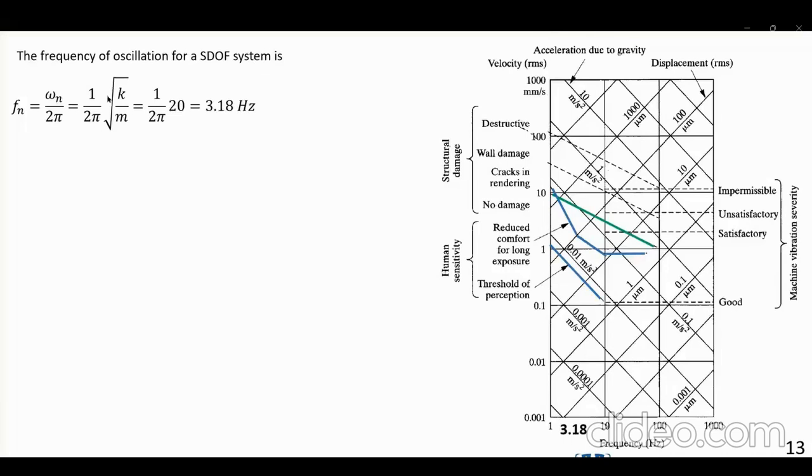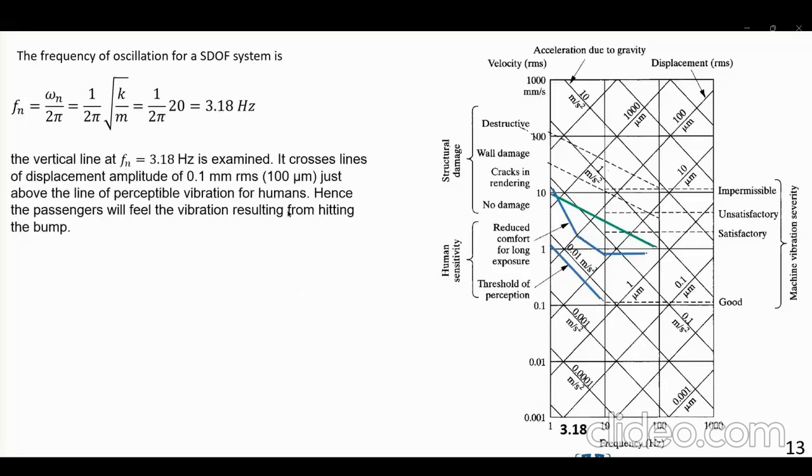So K was given as 400,000 and M was given as 1,000 kilograms. You work it out and convert it to hertz, and it's going to be 3.18 hertz. So essentially, the passenger in that car is dealing with a frequency of vibration of 3.18 hertz.